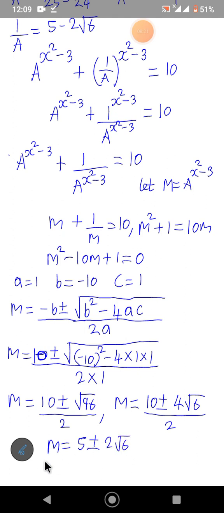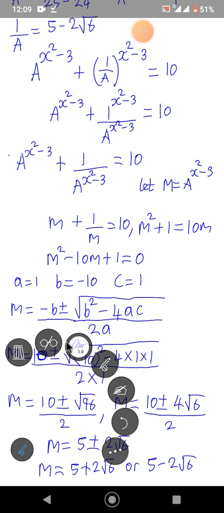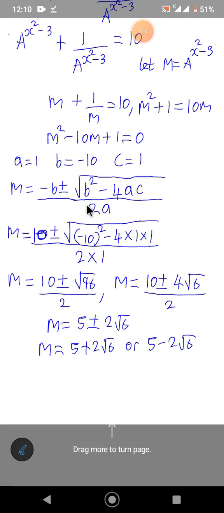So from here now, m is equal to 5 plus 2 root 6 or 5 minus 2 root 6. So we have gotten m.